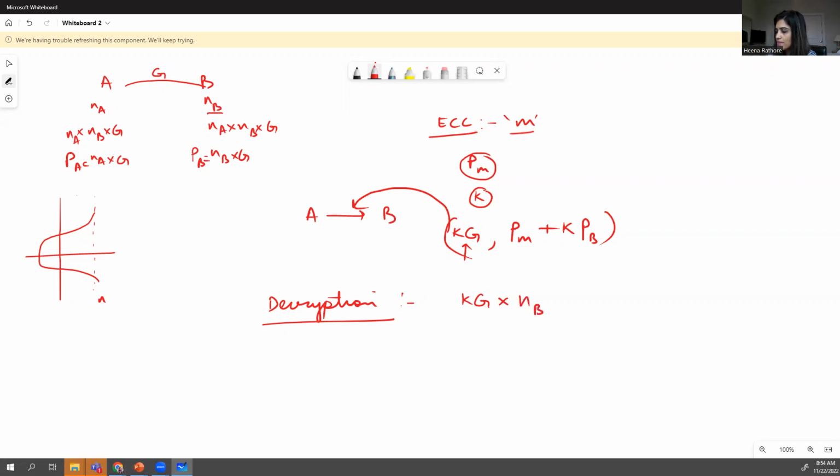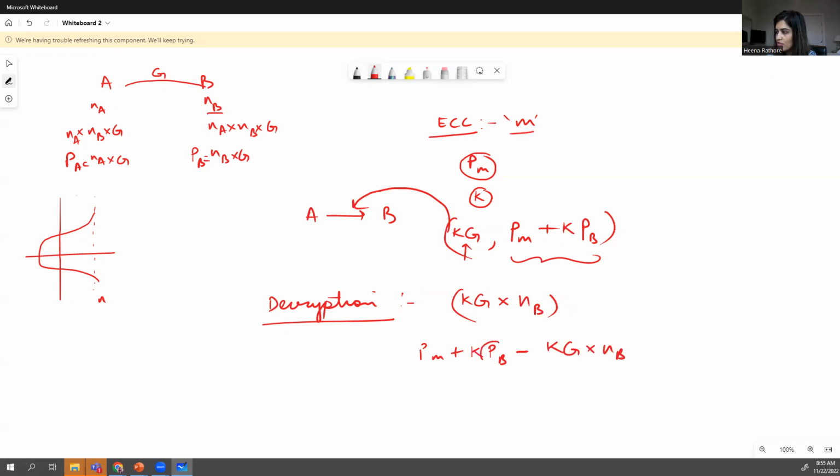And then it subtracts that from the second point, which in this case is this: P of M plus K times PB, minus K times G times N of B.